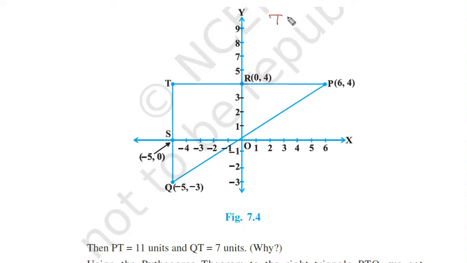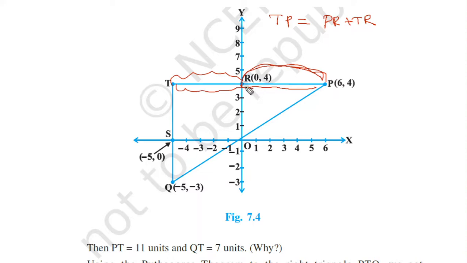Now what is the length of TP? You can see TP is equal to PR plus TR. Now again we have to find the length of PR first.